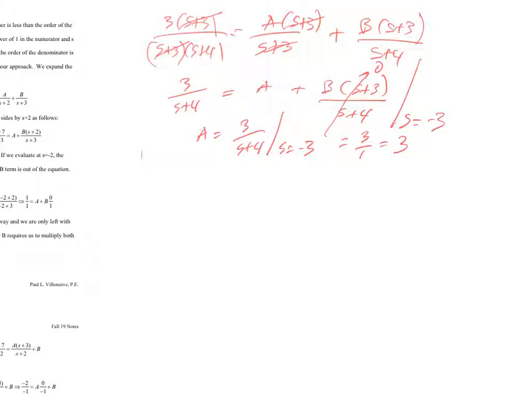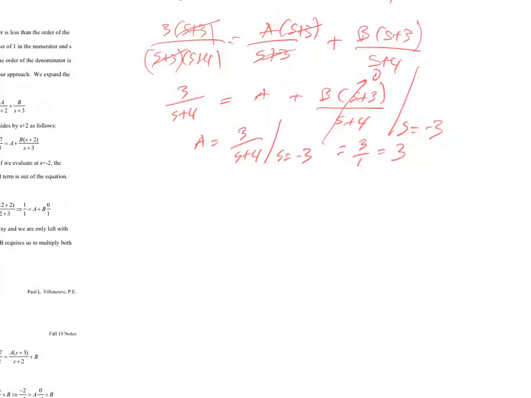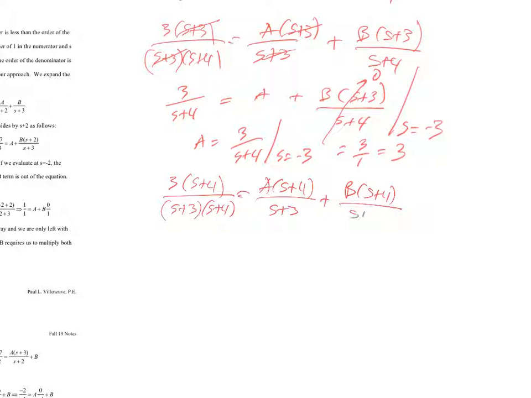And as Liam said earlier, to solve for b, we're going to multiply both sides by whatever is under the b term. So 3 times s plus 4 over s plus 3 times s plus 4 equals a times s plus 4 over s plus 3 plus b times s plus 4 over s plus 4.